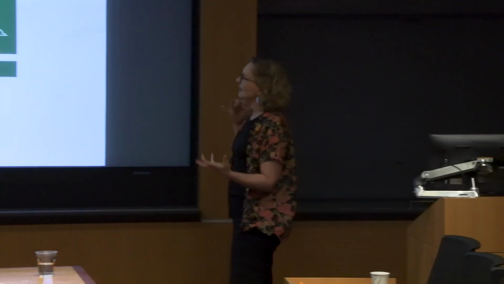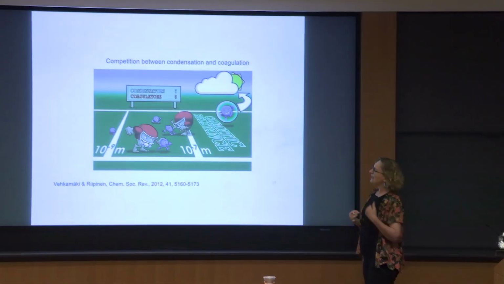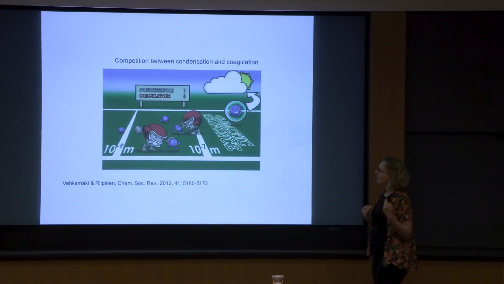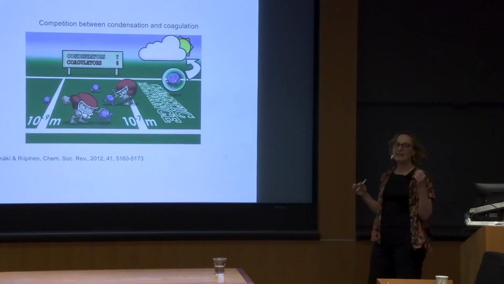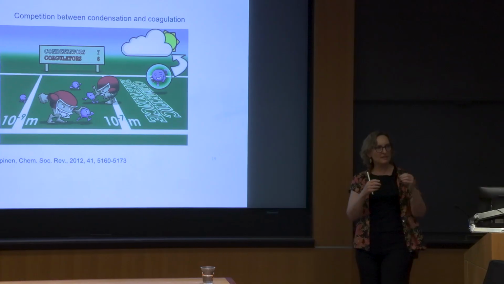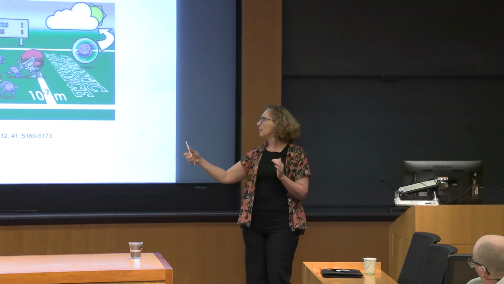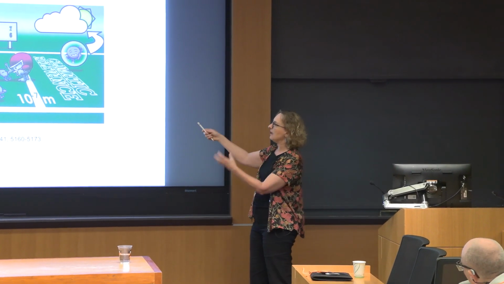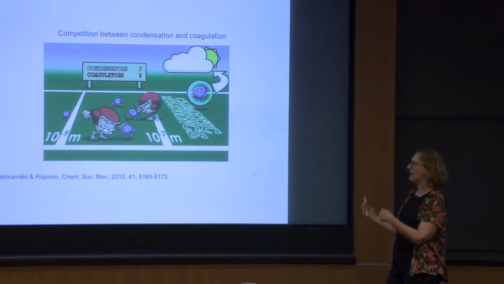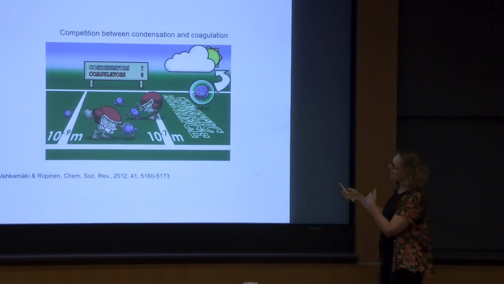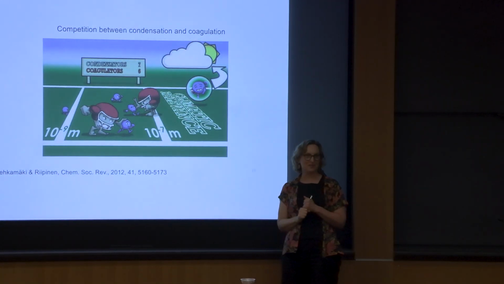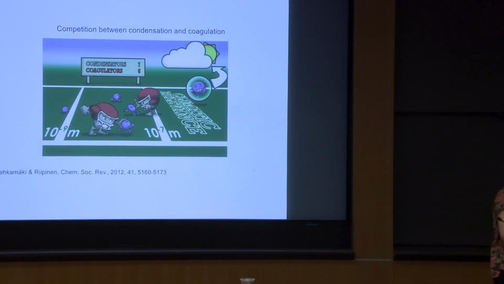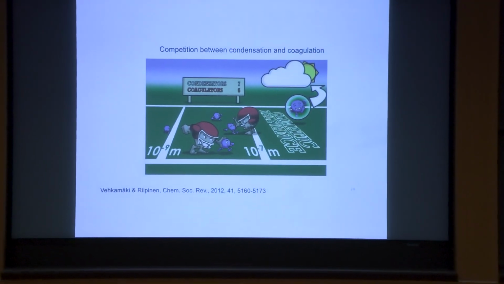So there's this issue, right, if you are a nucleation person who studies nucleation, the question that they are asking is, of my tons of tiny particles that I'm producing in each of these nucleation bursts, what is the fraction that survives? And so you need to know something about how many other particles are there, and what is the size of these other particles, to simulate that survival process until you get to your CCN concentration. So that's the competition between condensation and coagulation.